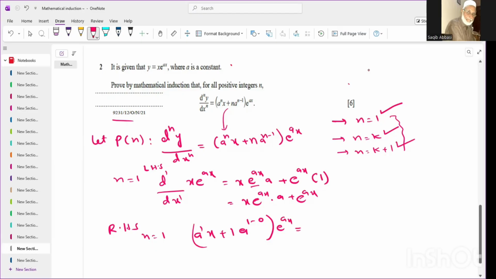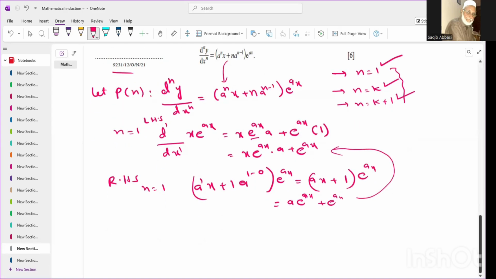For the complete solution, (ax plus 1) into e power ax. After doing all these things, e power ax plus ax e power ax. This is the same, so our left hand side equals right hand side. We have proved our first condition.